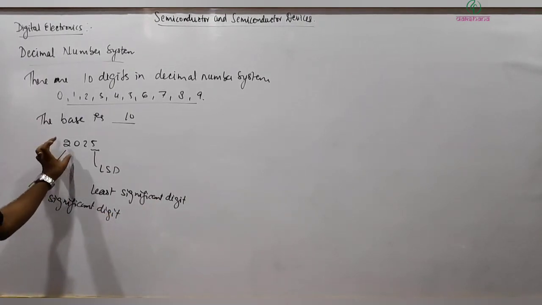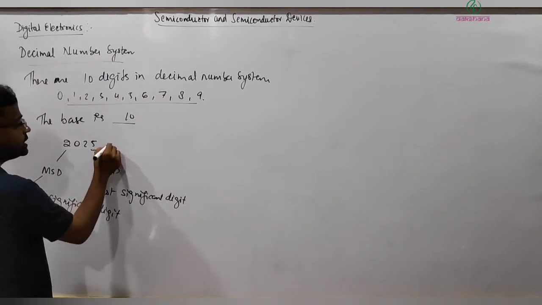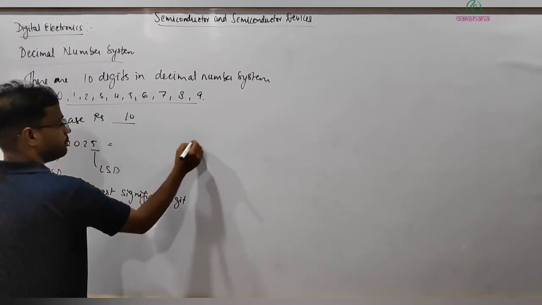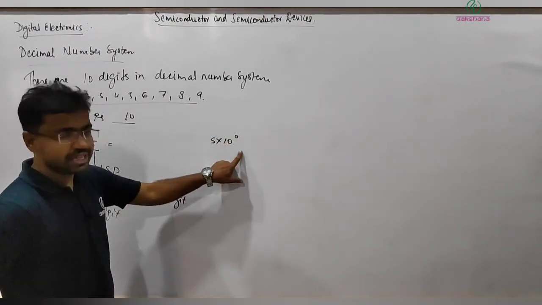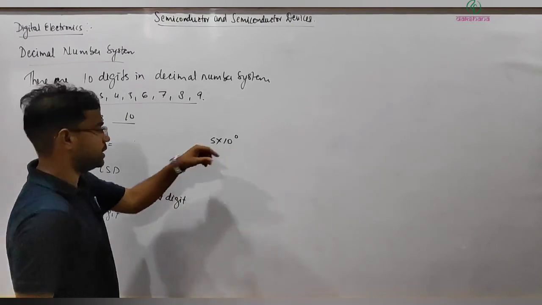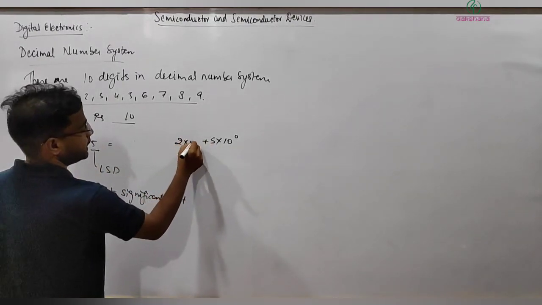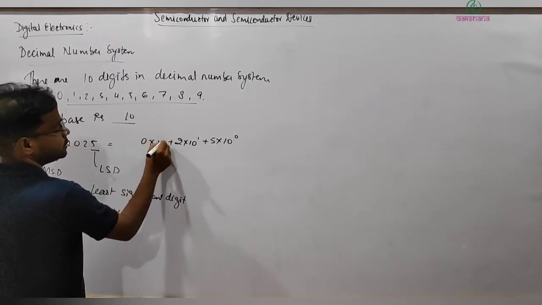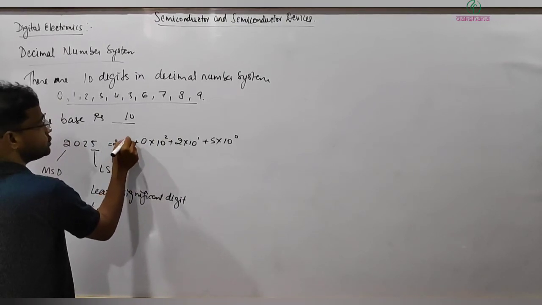If I break it down into place values, and the significant value for each digit, it can be written as 5 into 10 raised to power 0. This is the base, so we multiply by base power. Then 2 multiplied by 10 raised to power 1, plus the next digit 0 multiplied by 10 raised to power 2, plus 2 multiplied by 10 raised to power 3.